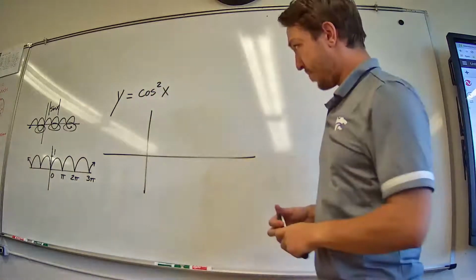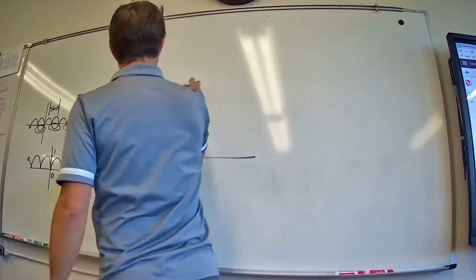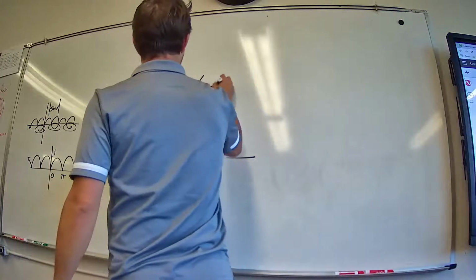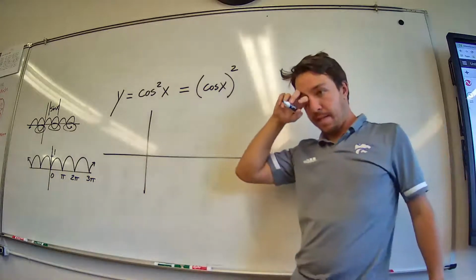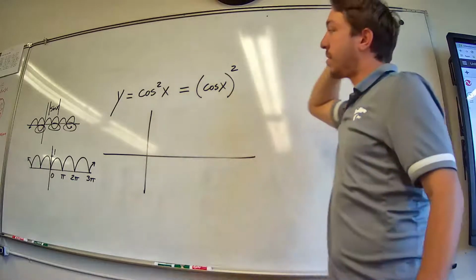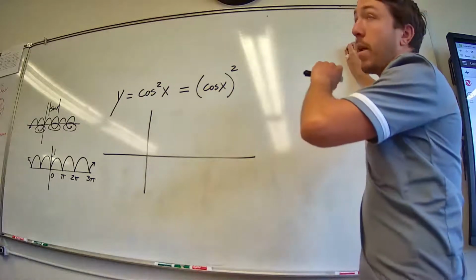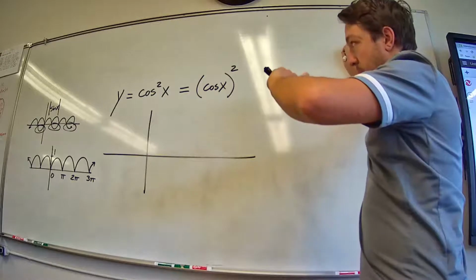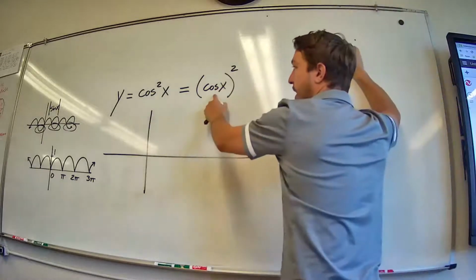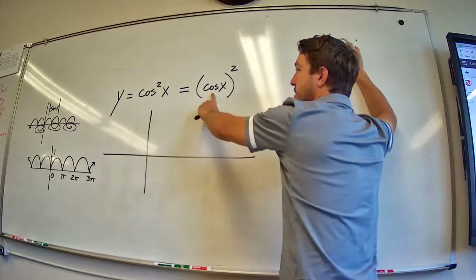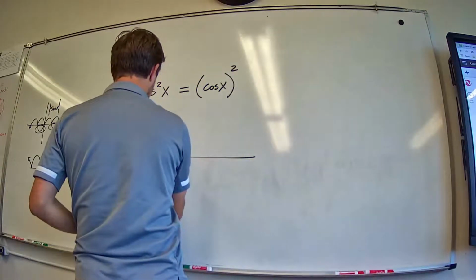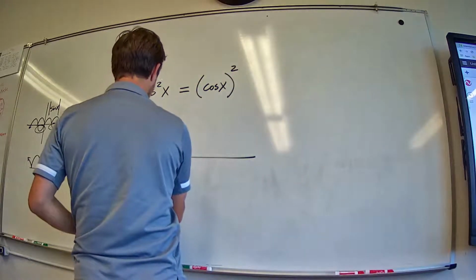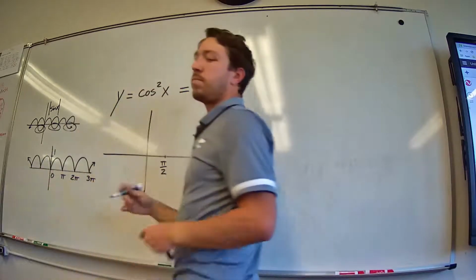Would that be true of this one? We're all cool with that notation, right? That's just notationally saying cosine of x squared. So where does this guy equal 0? Where does the cosine function equal 0?